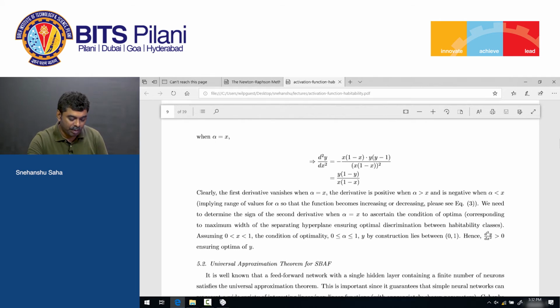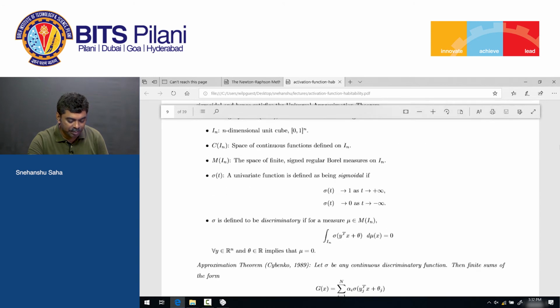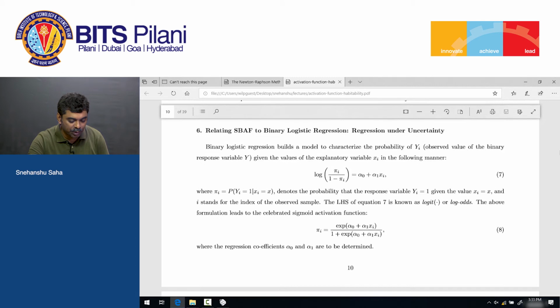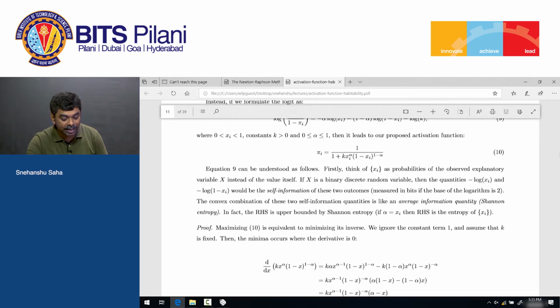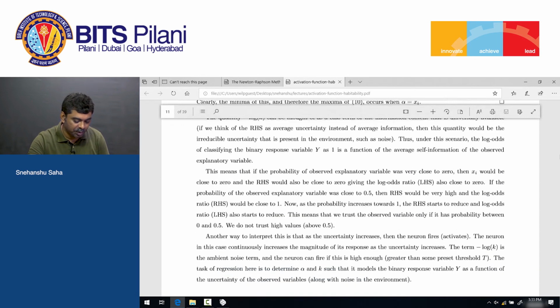Now, all of these things I'll skip because these are not relevant to the course. All it shows is that the activation function itself can be linked to a binary logistic regression under uncertainty, but that's not required.